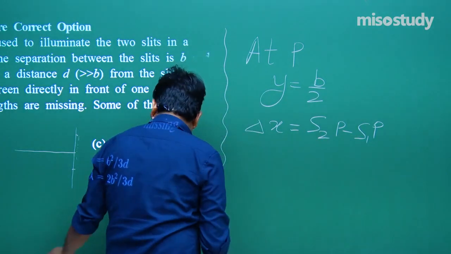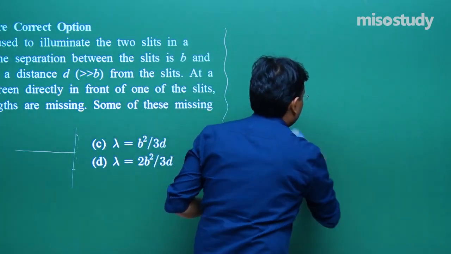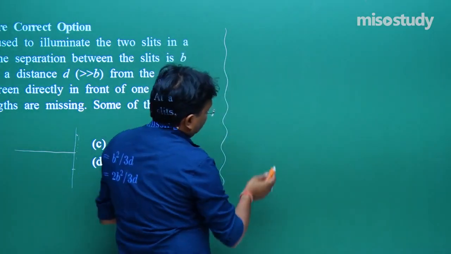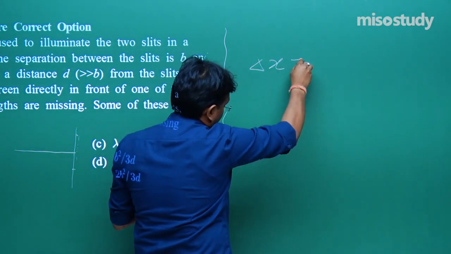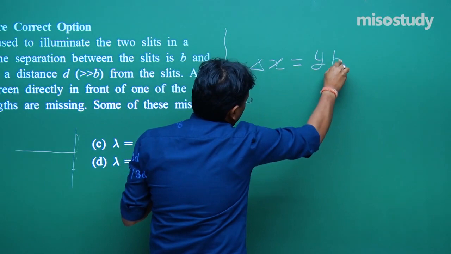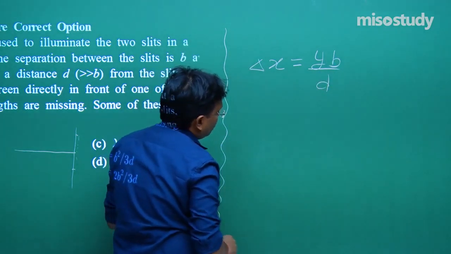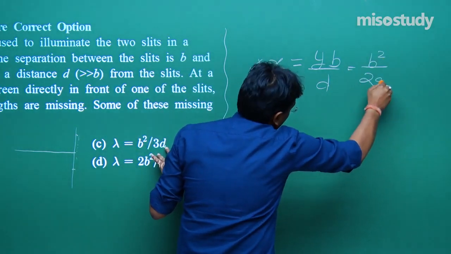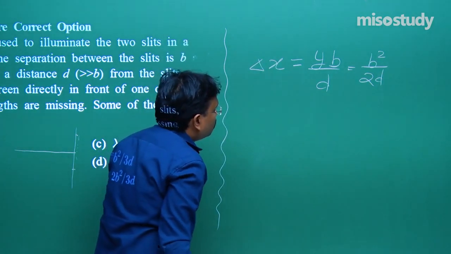Now, let me put the values over here. That is S2P minus S1P, that is delta x is equal to yb by D, which is equal to b square upon 2d. So, path difference is b square upon 2d.